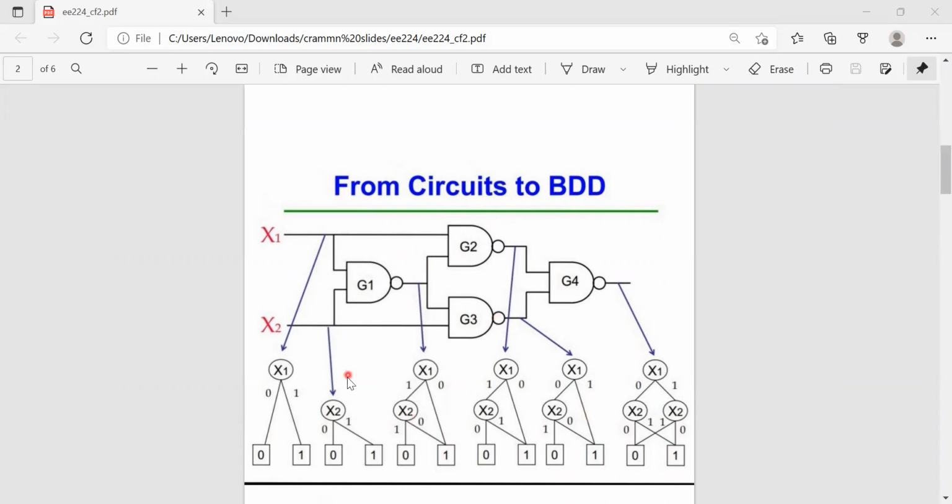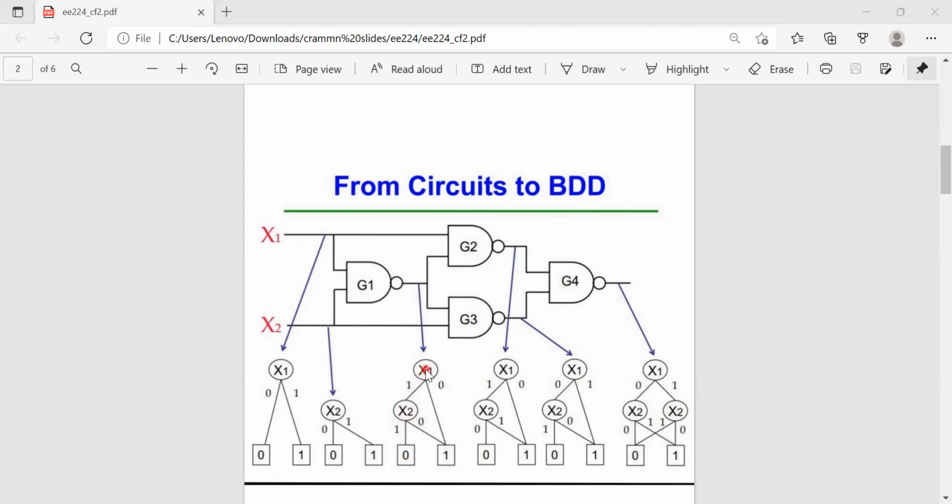If we take a circuit, we can design a BDD for a given node. Here, if you see, this is x1. So x1 has only one variable, taking two values, 0 and 1, and x2 here. And for this node, this is a NAND operator. We can take the BDD for the NAND operator.